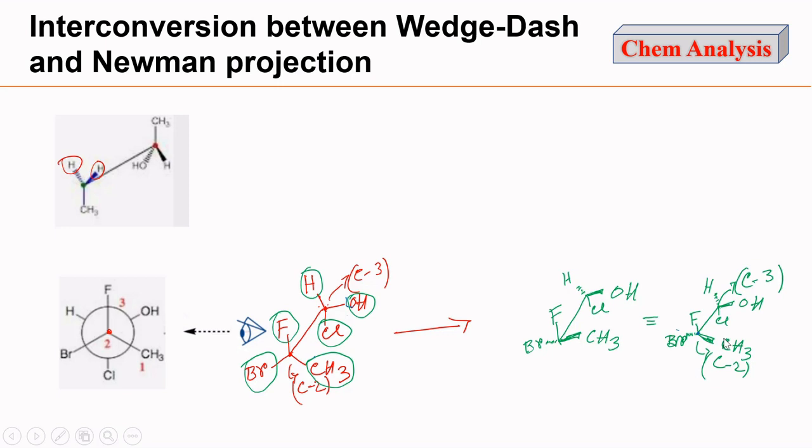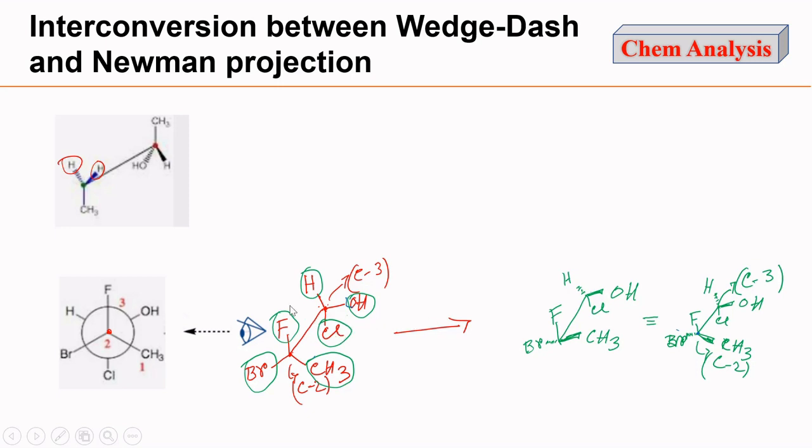So now if you want to see the molecule from the left side, then you have to see the structure by viewing at this carbon carbon bond from the left side, and in that case what you will see, you will see that this hydrogen atom and this bromine atom towards you, and fluorine atom at right top, chlorine atom at left bottom, and this methyl group and OH group at the rear side, that is below the plane.